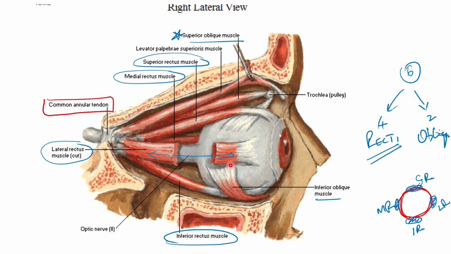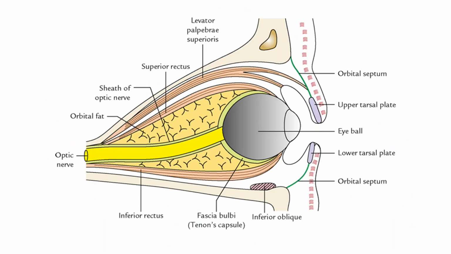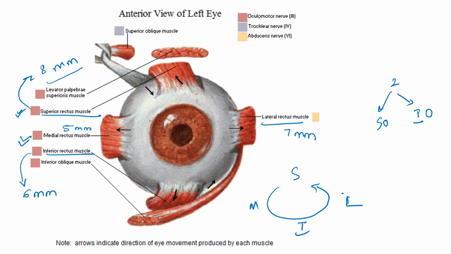So both the superior oblique and the inferior oblique get inserted onto the posterior superior quadrant of the eyeball behind the sclerocorneal junction. So this is about the attachments of all the extrinsic muscles of the eyeball.